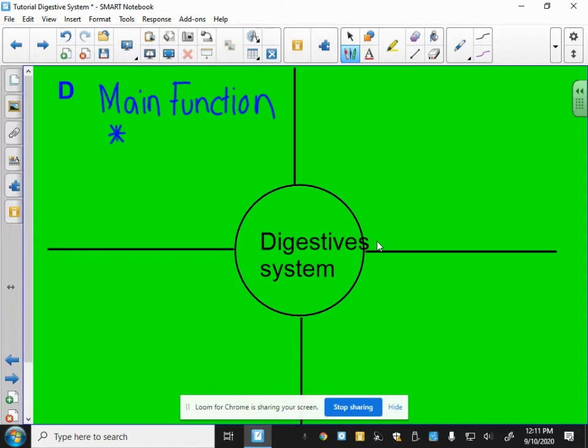I'm going to put a star because that's very important. Main function is to break down food. Break it down into what? Into nutrients, so your cells can have energy. So digestive system breaks down food into nutrients.